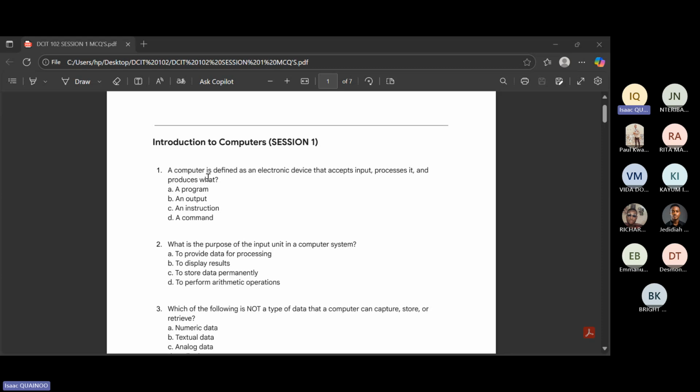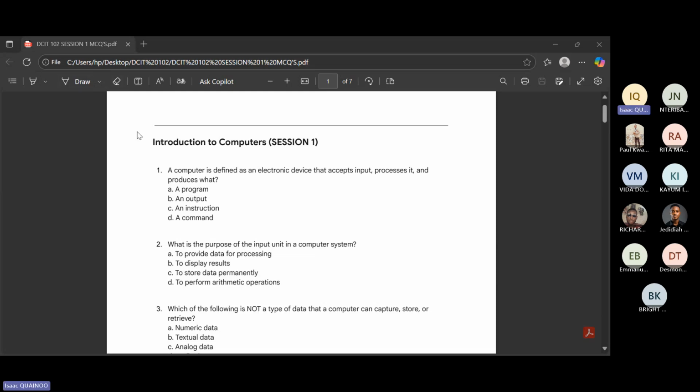I believe we can all read, so I'll just read it once and then we'll look at the answers. A computer is an electronic device that accepts input, processes it, and then produces what?